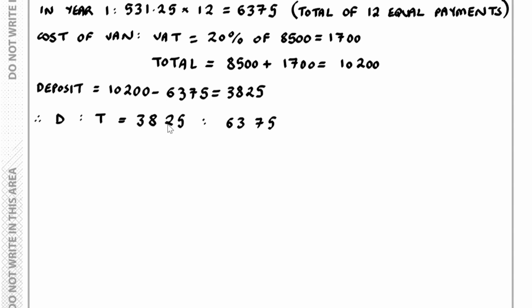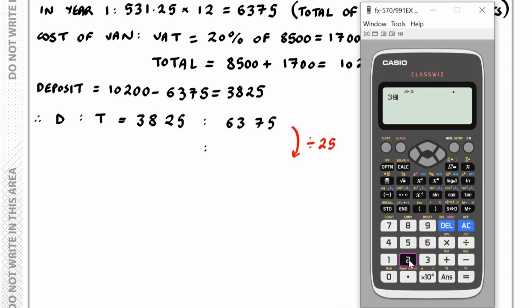If I look at the final two digits, here I've got 25 and here I've got 75. So I can simplify by dividing both sides by 25 to begin with. So if I do 3,825 divided by 25, we get 153, and here I've got 6,375 divided by 25, which is 255.